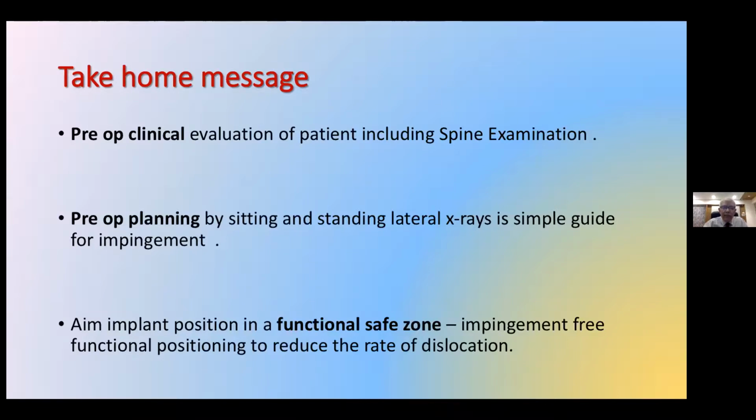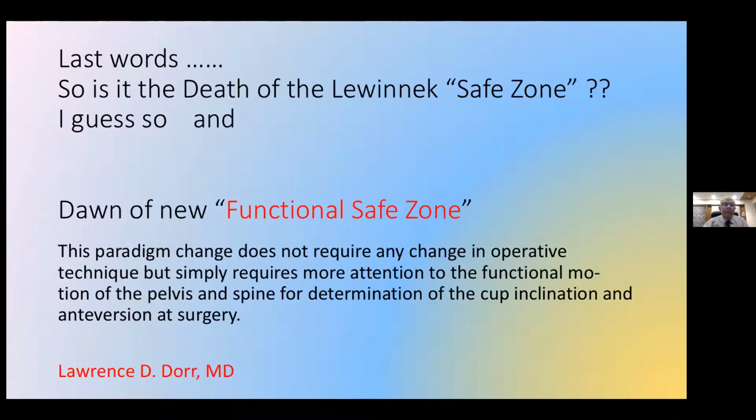You aim the implant position in a functional safe zone, not a Lewinnek safe zone, not a combined safe zone, functional safe zone, because it is affecting your daily routine movements. So impingement-free functional positioning to reduce the rate of dislocation is very important. That's what you need to keep in mind.